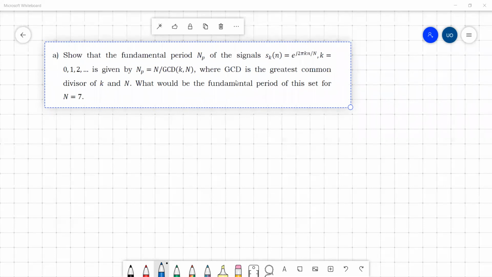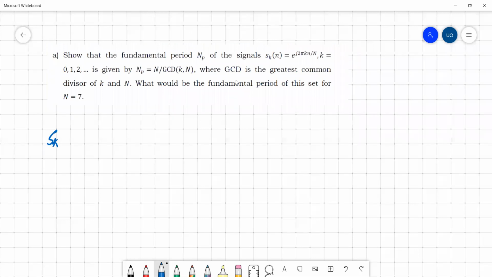Here you have a series of signals. It's not just one signal; it's a series of signals, e to the power j 2 pi k n over N, where k goes from 0, 1, 2 and so on. Once you substitute k equals 0, you have one signal.